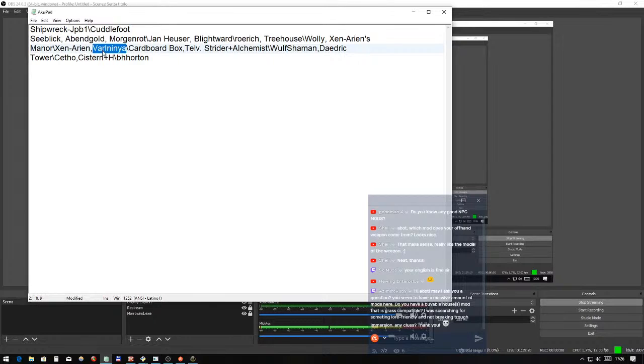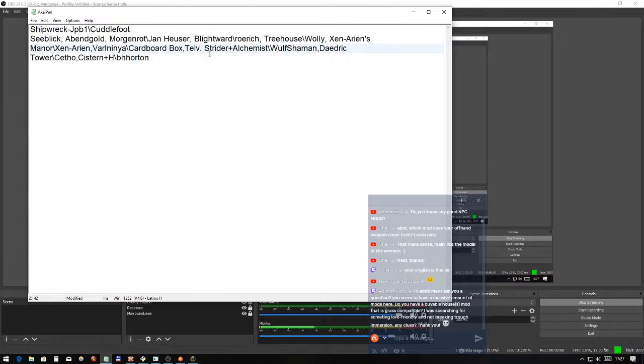I like the One Ninja mod because it's adding this nice-to-have teleportation network when you're done with the quest, and it's a mod by Cardboard Box.